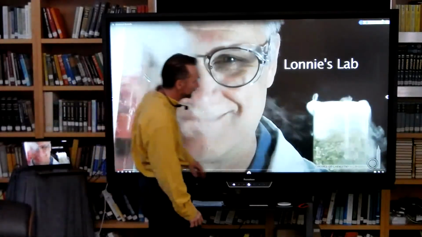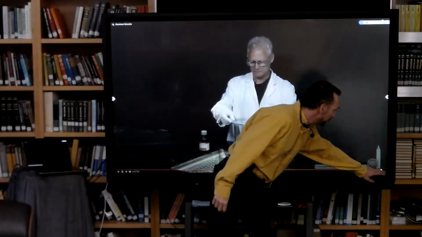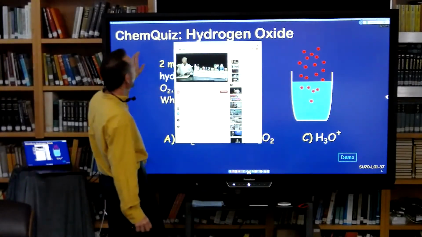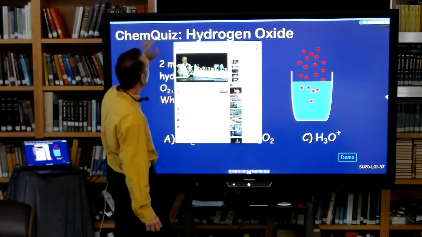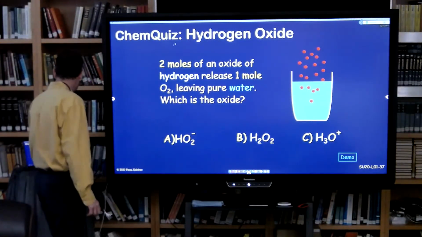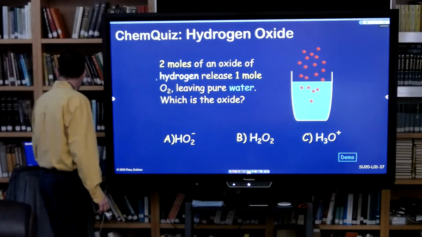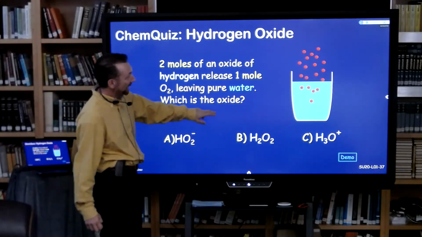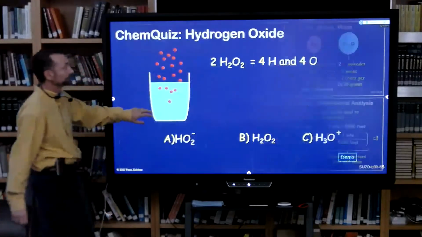So that gas is a mixture. The reason it's kind of opaque colored there is it's a combination of water and, if I go back to the PowerPoint, oxygen coming off there. So steam and oxygen gas.